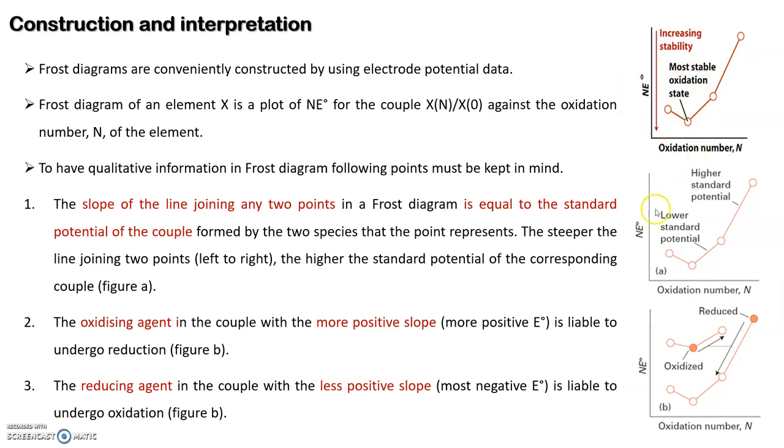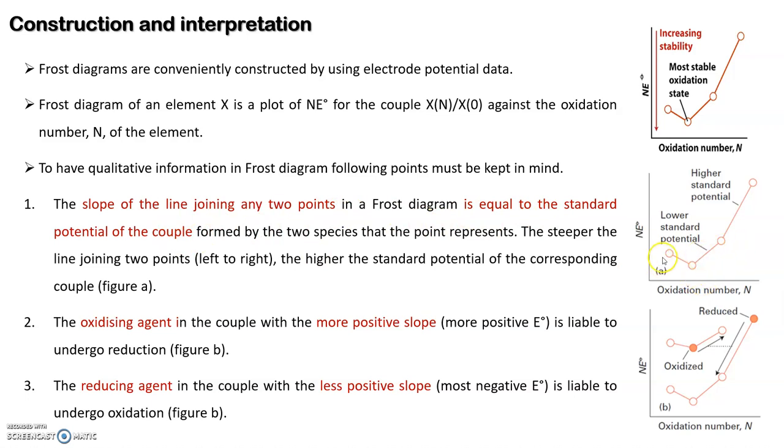Now, what kind of information can be obtained from the Frost diagram? As we said earlier, the Frost diagram is more useful than the Latimer diagram, so some more information is available from it. First of all, the slope of the line joining any 2 points in a Frost diagram is equal to the standard potential of the couple.